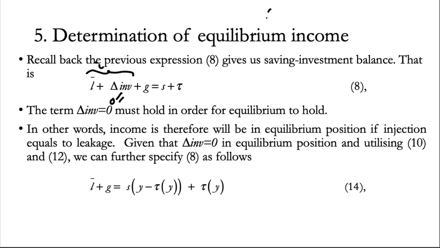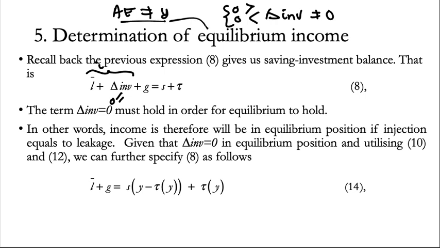Otherwise, if this is not equal to 0, it can be bigger than 0 or less than 0, then there is disequilibrium because of unintended change in inventory. Unintended change in inventory leads to aggregate expenditure not equal to income. So when this happens, equilibrium doesn't hold. This is what I told you earlier. Okay, let's put it back in the diagram properly.